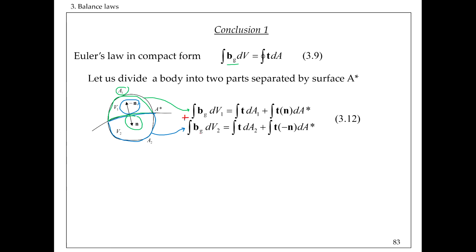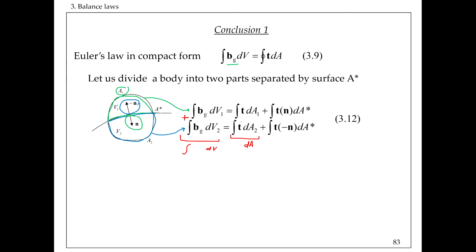So this plus that will be just the integral of bg over dV, the whole thing. The same for these parts as well: this will produce the integral of bg over dV, and similarly the integral of t over dA. So the sum of both of these is the same.